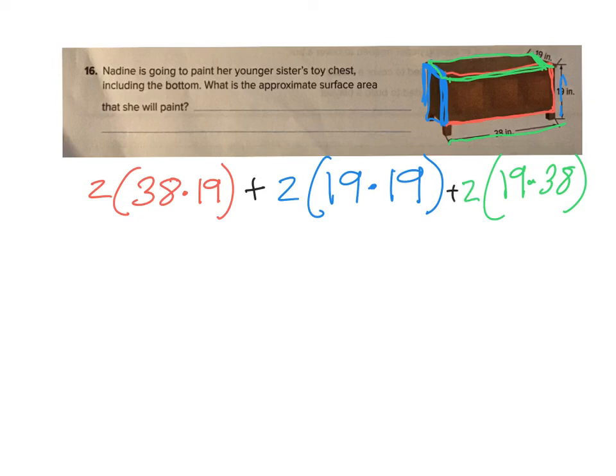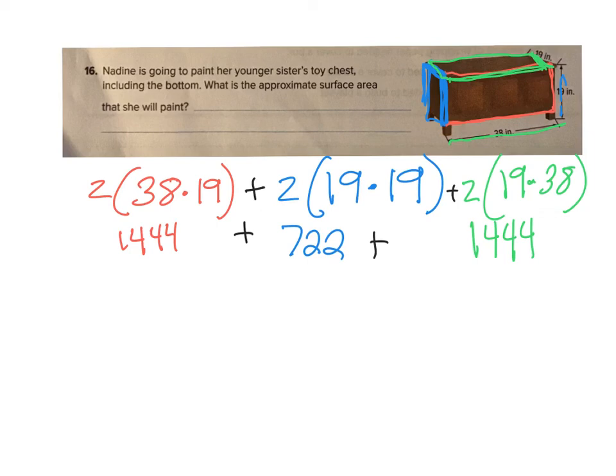Okay, let's do the computation. We'll start with the red. 38 times 19 times 2, that's going to give me 1,444. And I'm going to add that to 19 times 19 times 2, which is 722. Then I'm going to add that to 19 times 38 times 2, and that is 1,444.